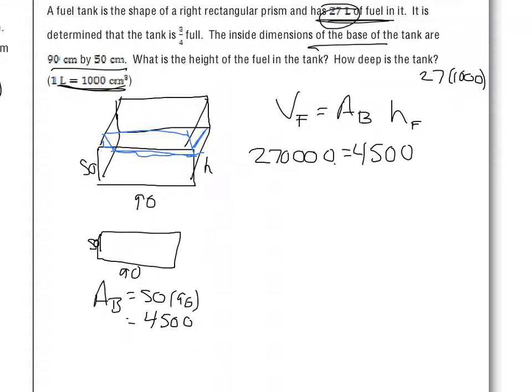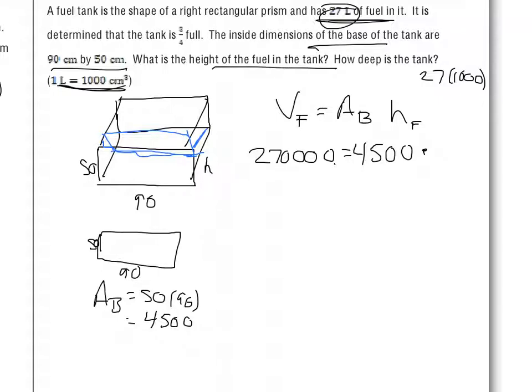And now the height of the fuel is only 3/4 of the height of the entire tank. So this is where we have some decisions to make. We could find just the height of the fuel, but this actually wants me to know what the height of the entire tank is.